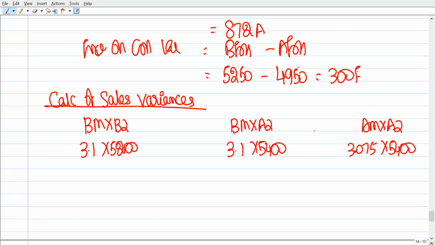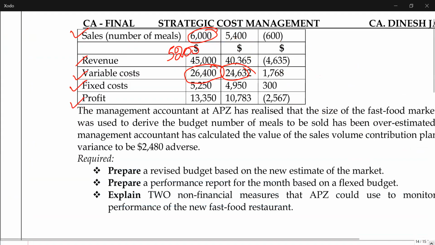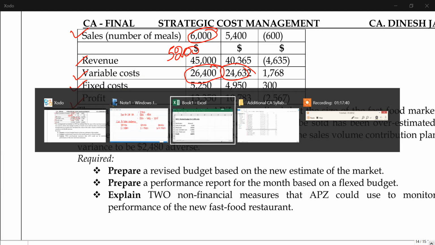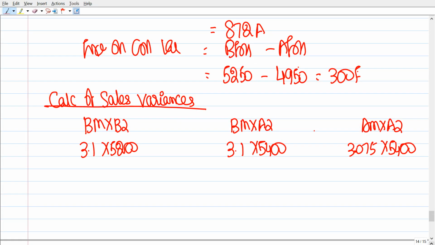Your actual price is 4365 by 5,400 minus 4.4.